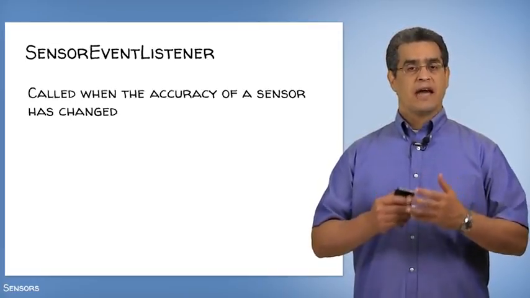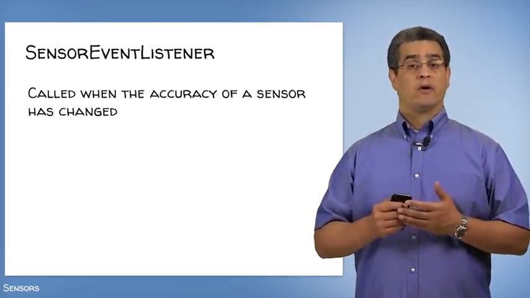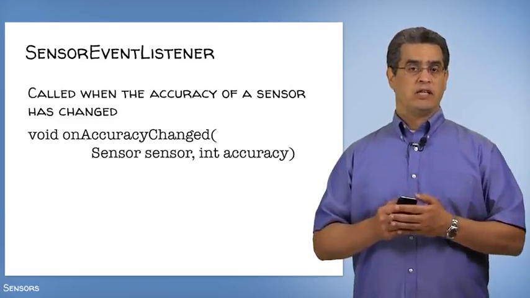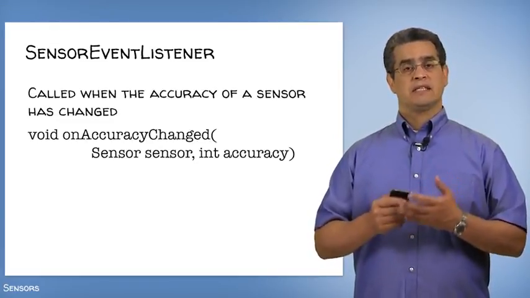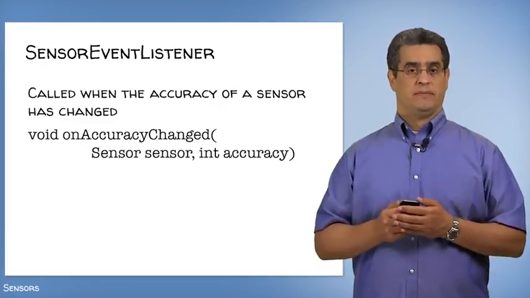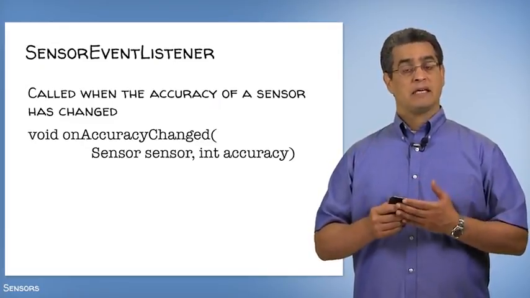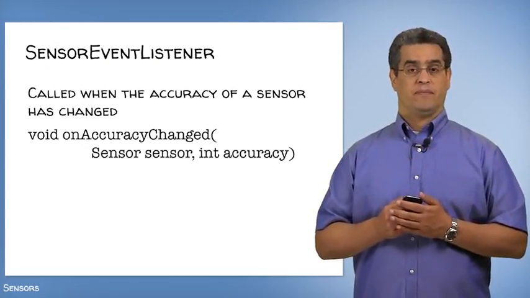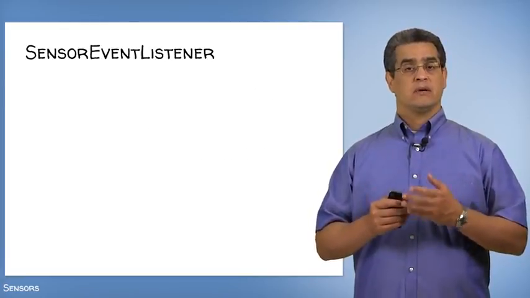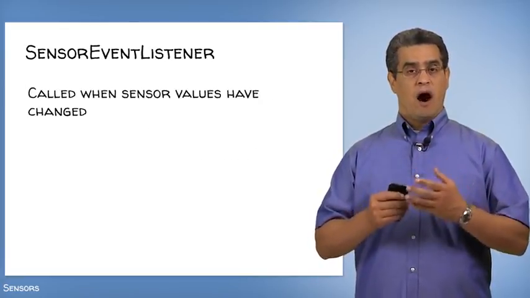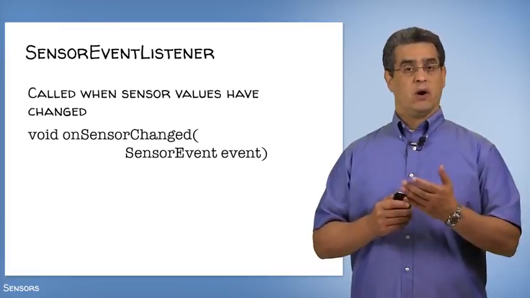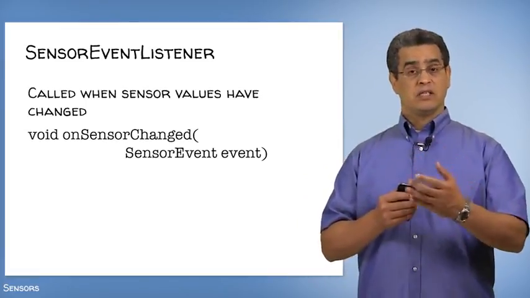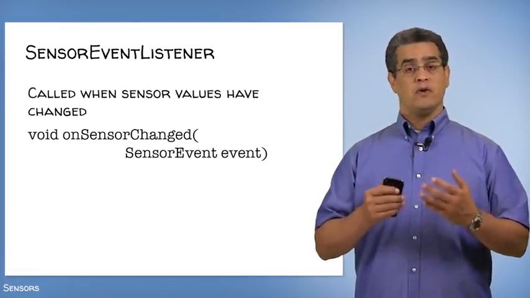When a sensor's accuracy changes, Android calls the onAccuracyChanged method, passing in the sensor that changed and passing in its new accuracy. When a sensor has a new reading, the onSensorChanged method is called, passing in the sensor event corresponding to the new reading.